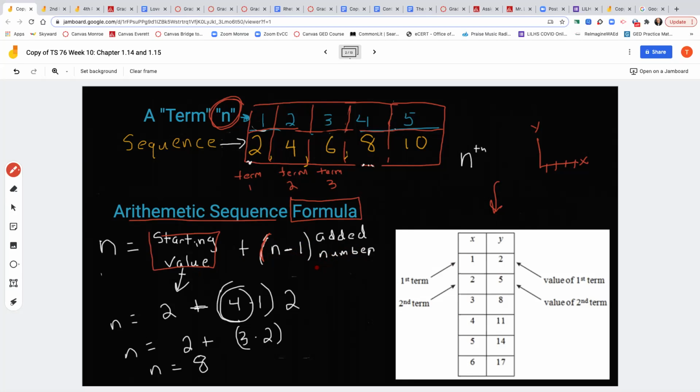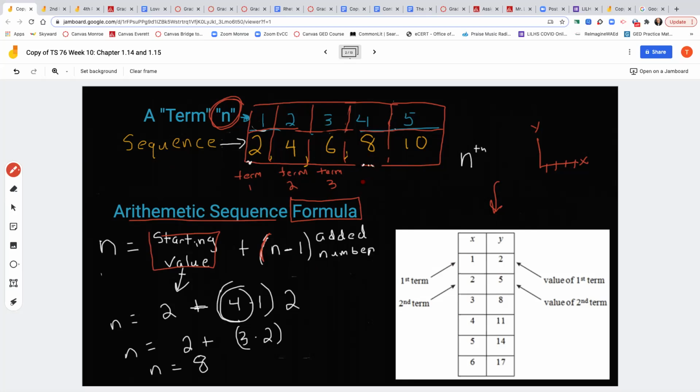All right, let me guide you through this. If somebody told you in this arithmetic sequence of 2, 4, 6, 8, and 10, find the fourth term using the arithmetic sequence formula. 8 and 4.